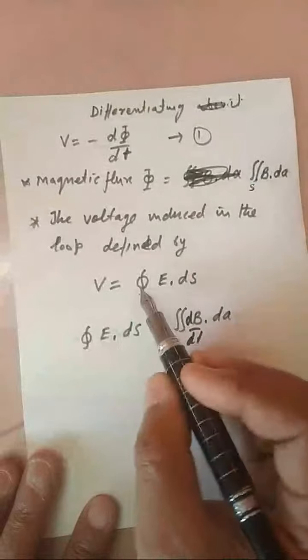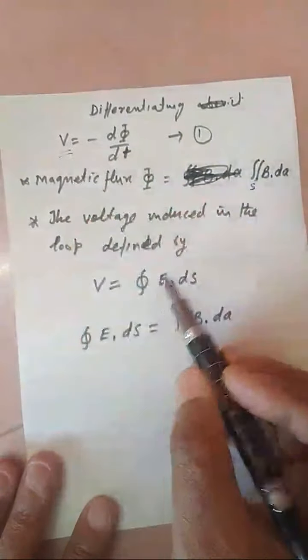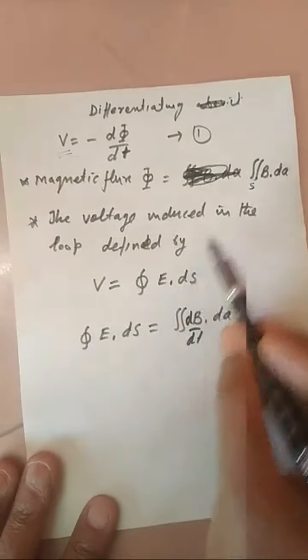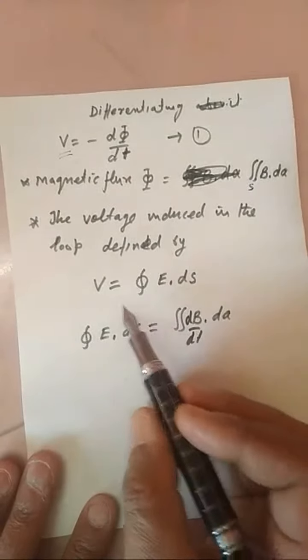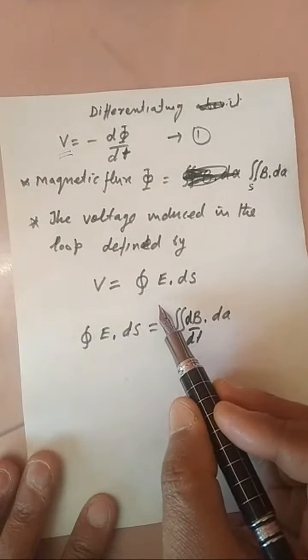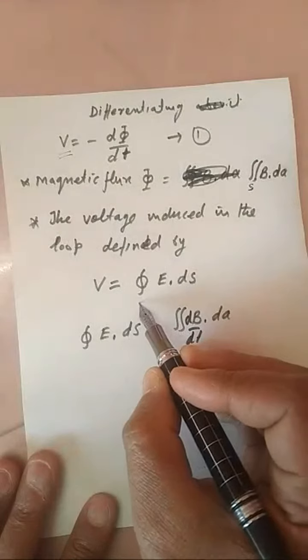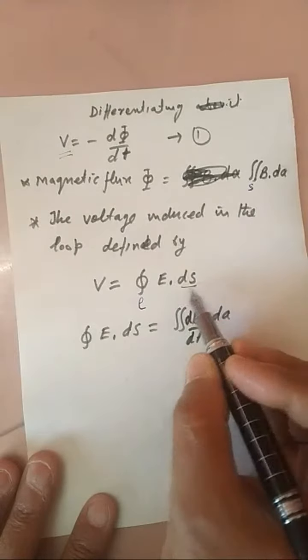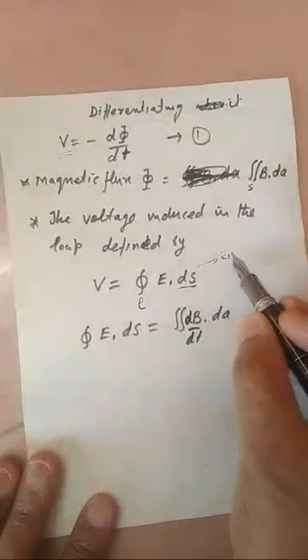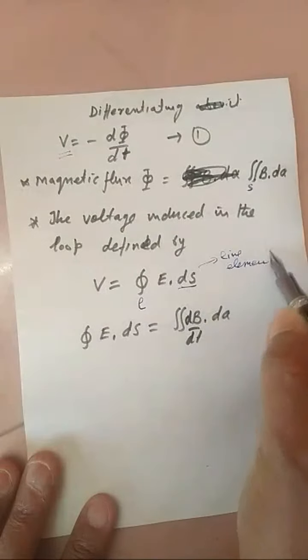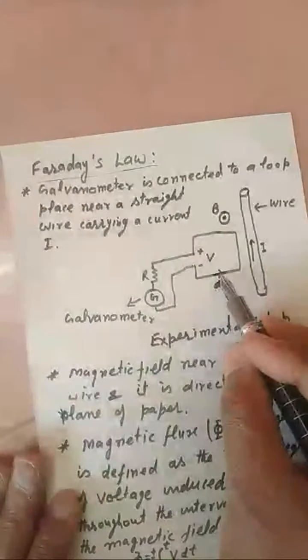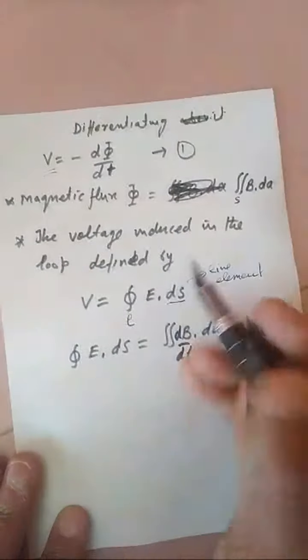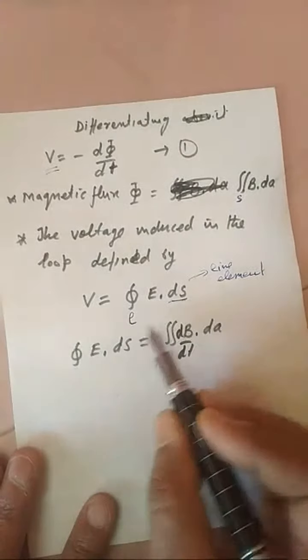And we can also write the expression for the voltage induced in the loop in terms of integration, so we can write V is equal to the closed line integral of E dot ds, where ds is the line element, which I have represented here. This is the line element on the loop, and we wrote the expression for the voltage induced in the loop in this fashion.